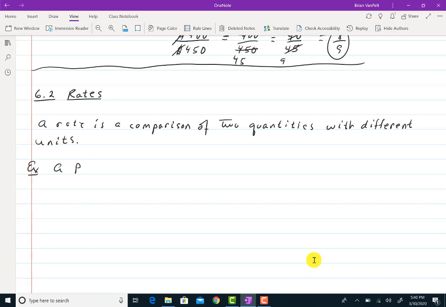A Prius can drive 600 miles on 12 gallons. So how many miles to the gallon does it get? I should say per gallon. That's better.